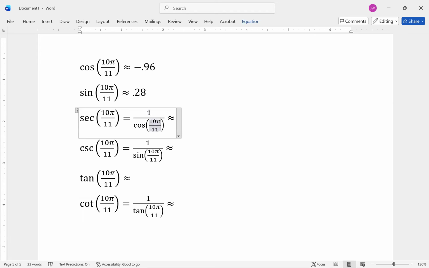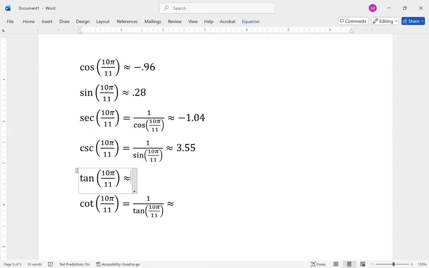To get secant of 10 pi over 11, it's 1 over cosine of 10 pi over 11. So that's what I type into my calculator. 1 over cosine of 10 pi over 11 is negative 1.04, roughly. Cosecant of 10 pi over 11 is 1 over sine of 10 pi over 11. That's what I'd type into my calculator, and I would get about 3.55.